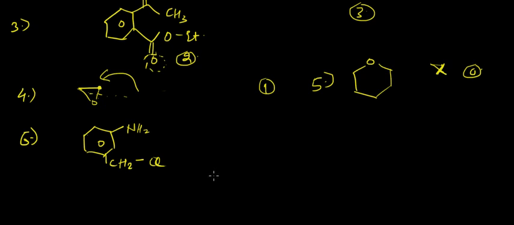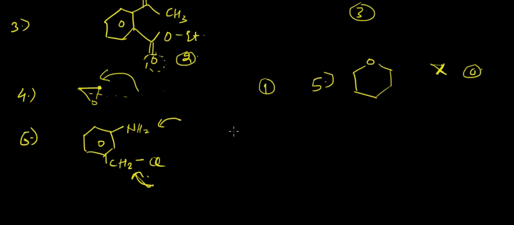Obviously one would be to substitute on Cl from this carbon atom, and another would be on this nitrogen atom. Why? Because NH2 can also behave as an acid in this case.